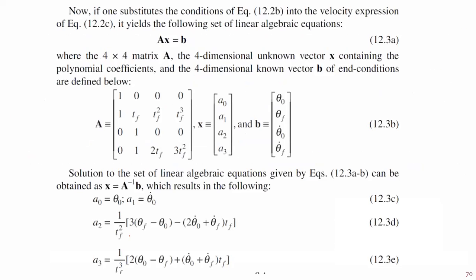Now, if one substitutes the conditions of equation 12.2b into the velocity expression of equation 12.2c, it yields the following set of linear algebraic equations, that is Ax equal to b, equation 12.3a, where the polynomial 4 into 4 matrix A, the four-dimensional unknown vector x containing the polynomial coefficients, and the four-dimensional known vector b of conditions are defined below.